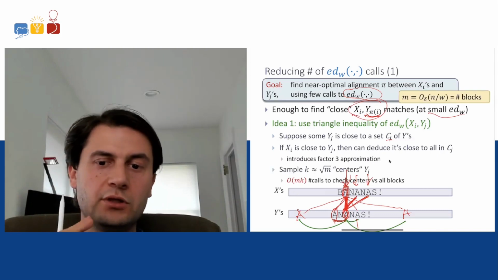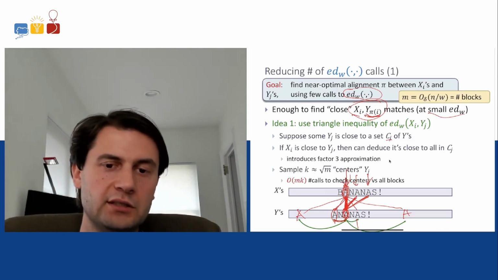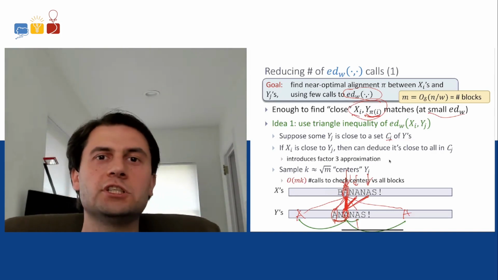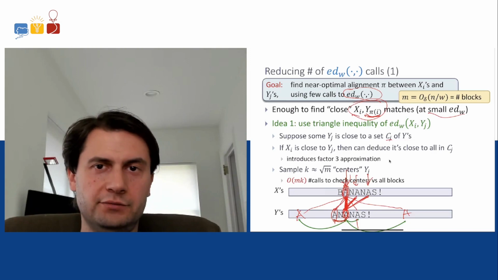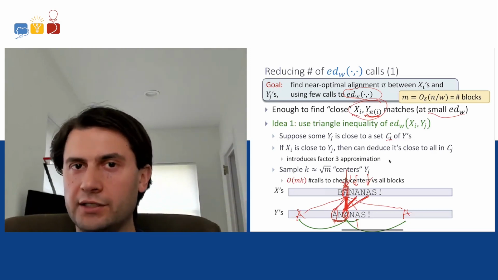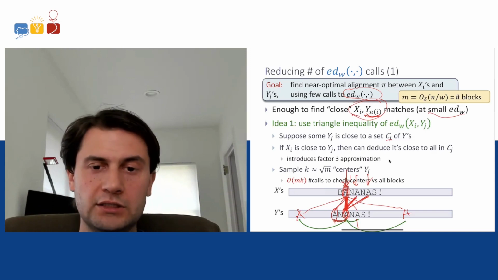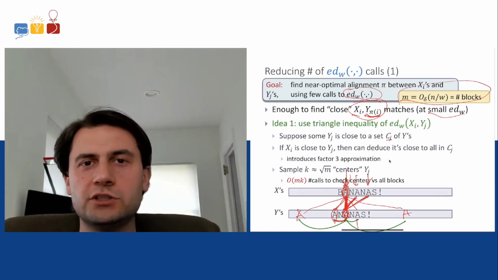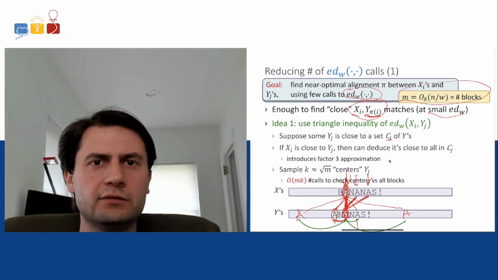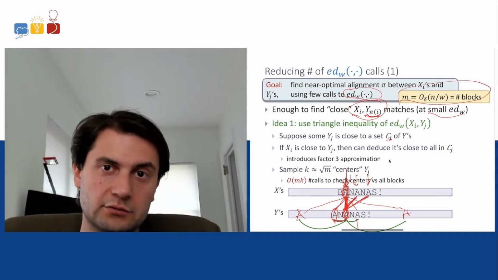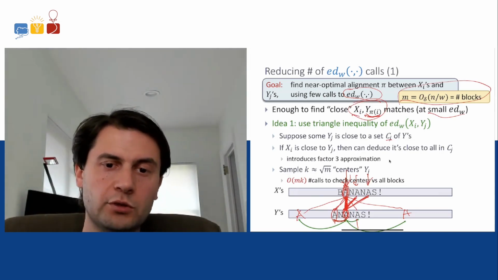Now what would be the idea? Let's just sample a bunch of these centers yj. We can't sample too many because for each of them we need to compare to every other y. But let's sample something like root m, where m is the number of blocks, which is proportional to n divided by w. So the number of calls will be order of mk.